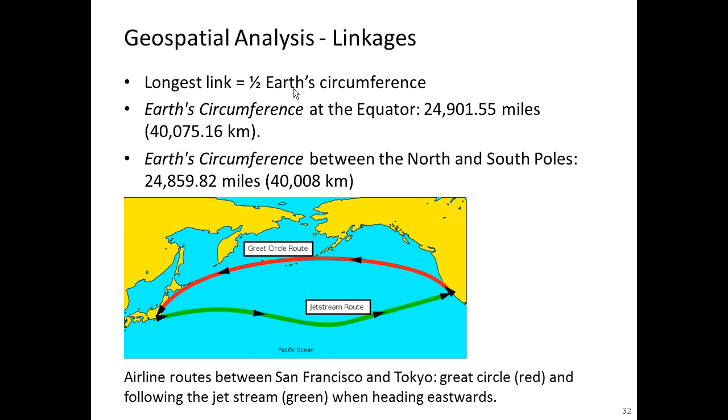And down here in the example, you have the airline route between San Francisco and Tokyo as a great circle in red. And we already had that as part of the terminology part. And as part of the jet stream in green when heading eastwards. So if you fly in an airplane, it would probably use the jet stream route.